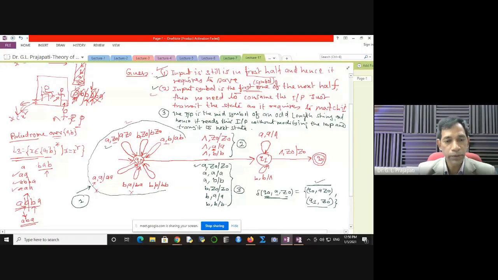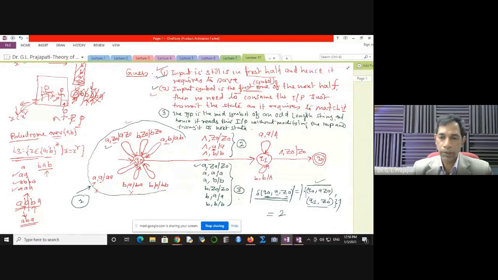Whenever you have more than one output, this denotes a set, and the cardinality of this set is 2. So clearly this machine is non-deterministic. And in another way, you have the null transition also. For the same top, you have specified the transition for the input also, and hence this machine is highly non-deterministic.